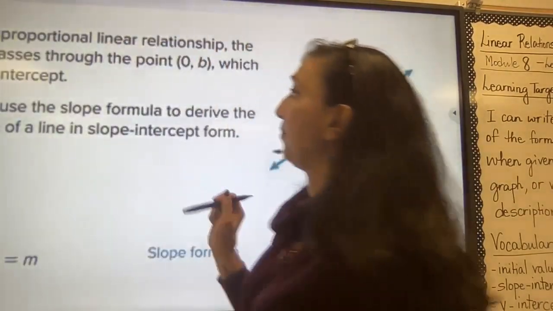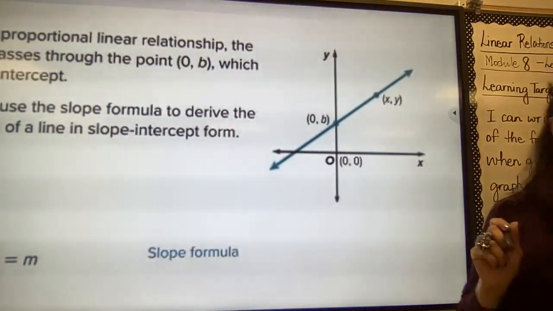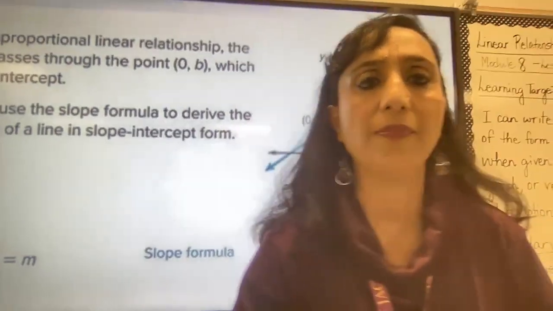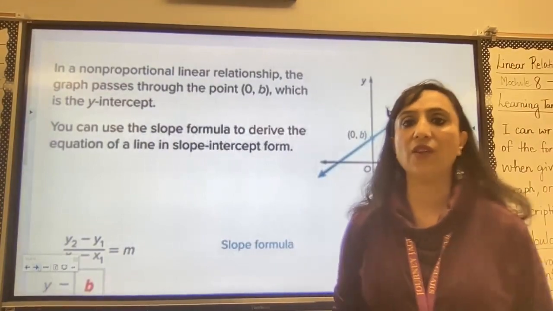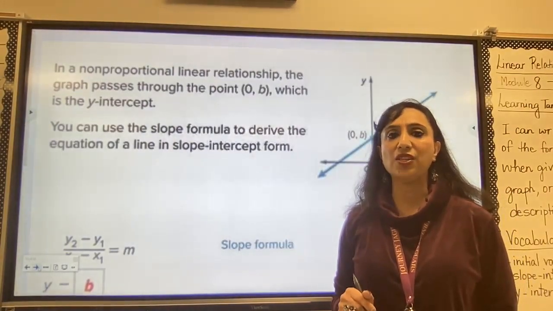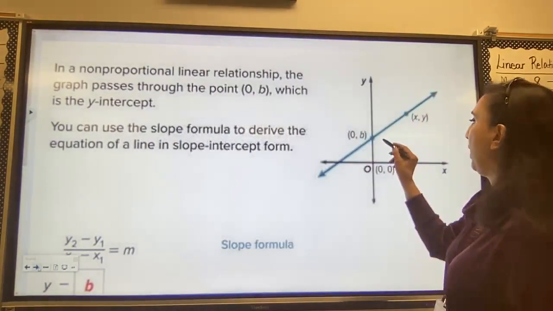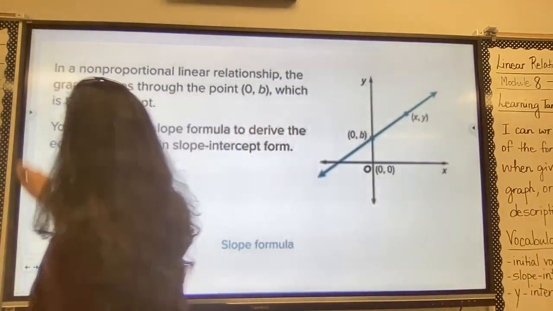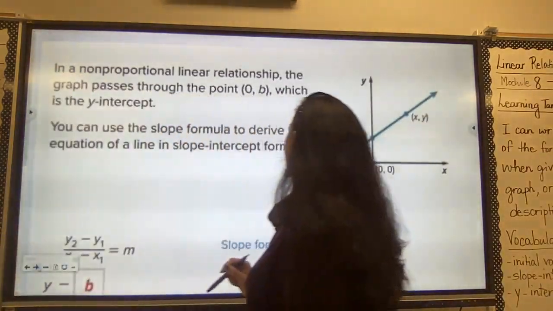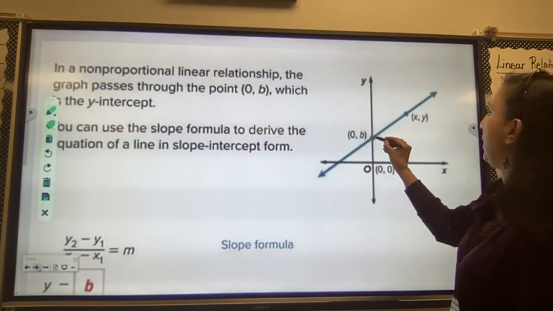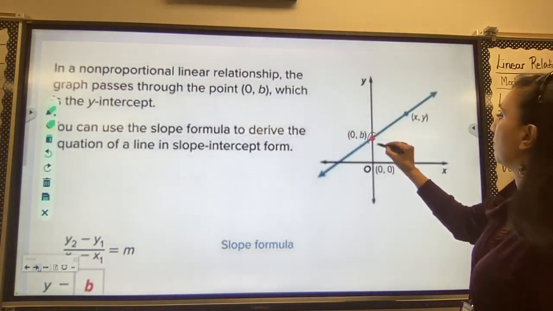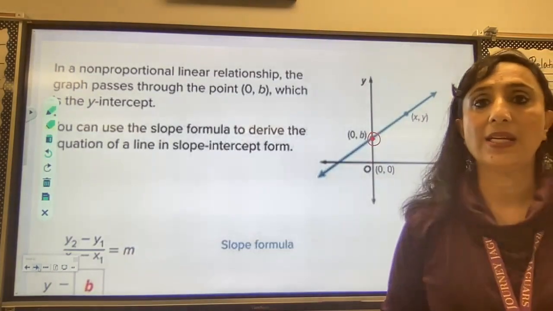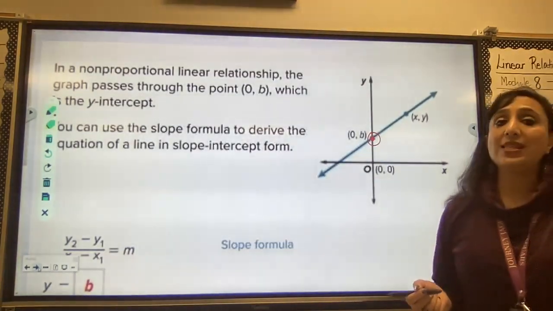Let me show you this. In a non-proportional linear relationship, the graph passes through the point (0, b) here, which is the y-intercept.